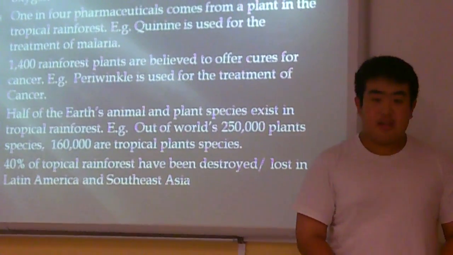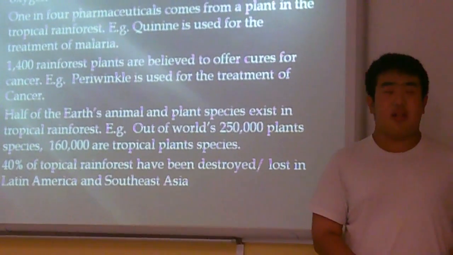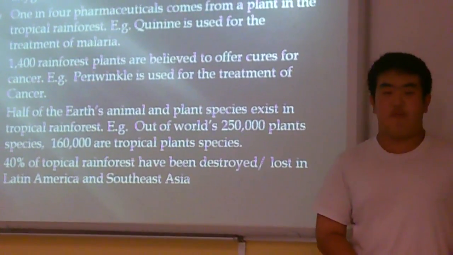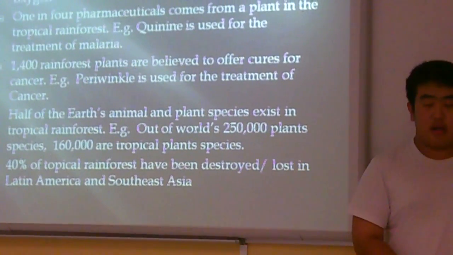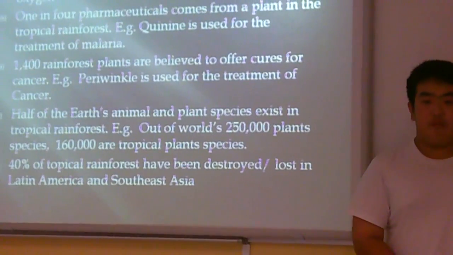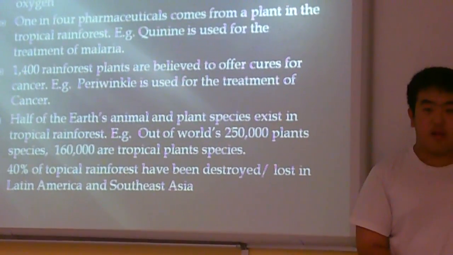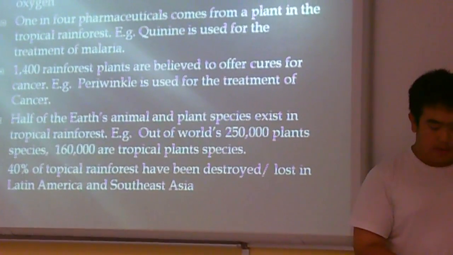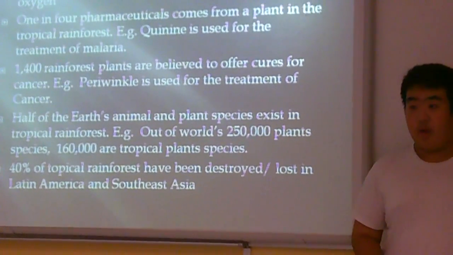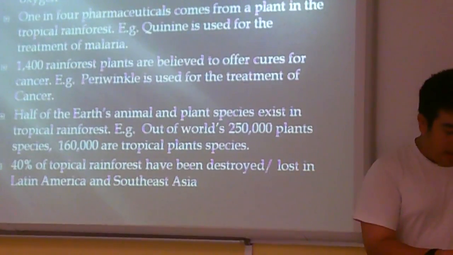And interesting facts, the main point is that the Amazon rainforest produces about 40% of the Earth's oxygen by photosynthesis, and about half of the Earth's animal and plant species come from the rainforest.